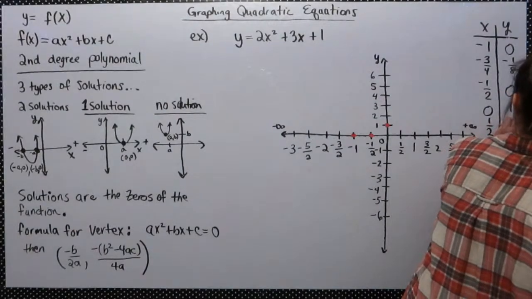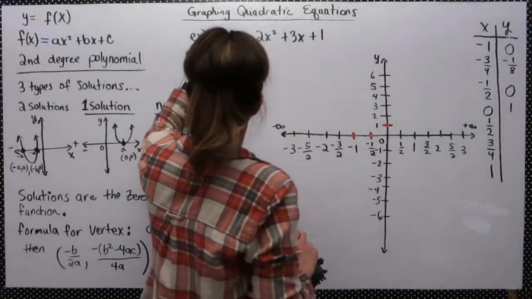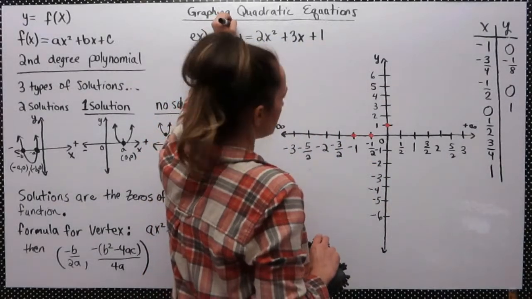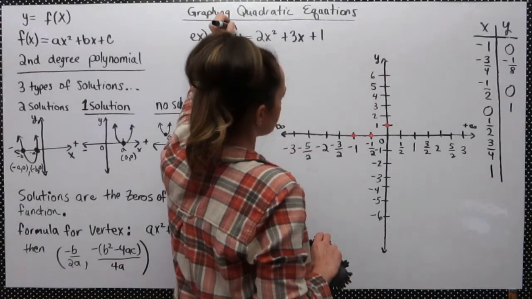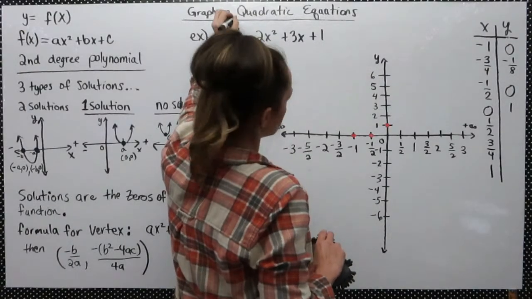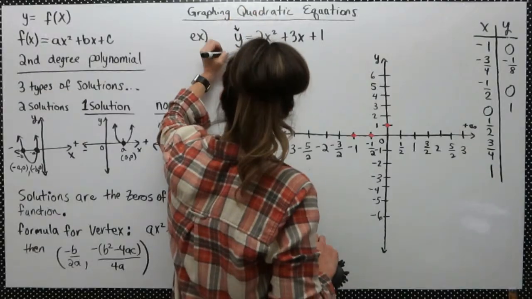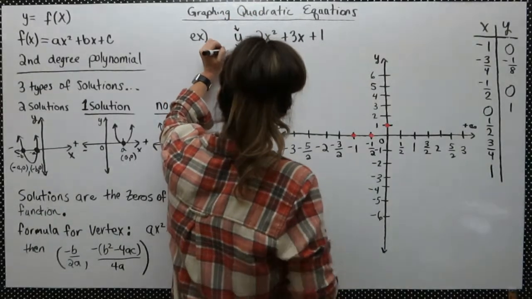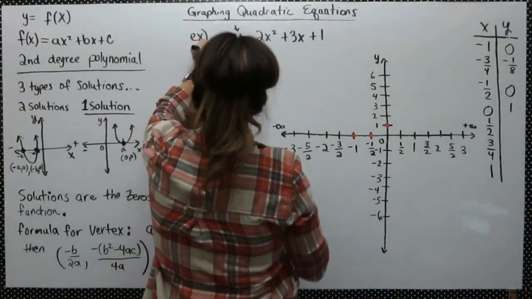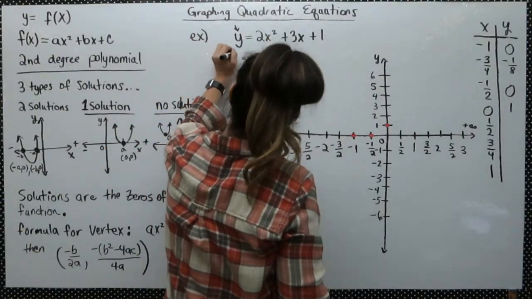So that was positive 1/2. All I'm going to do is plug in 1/2 for x in my function. So we use f of x, and we'll say f of 1/2.